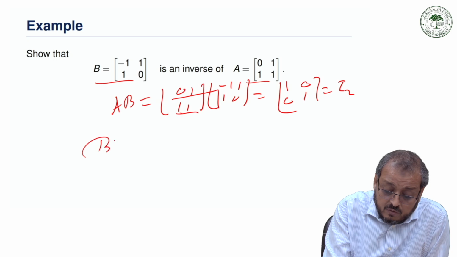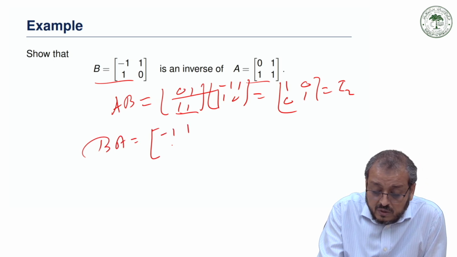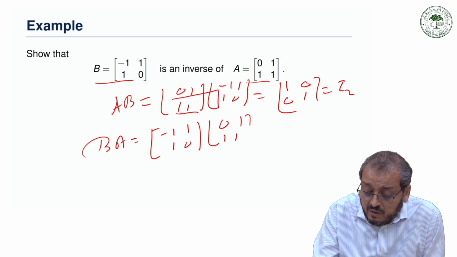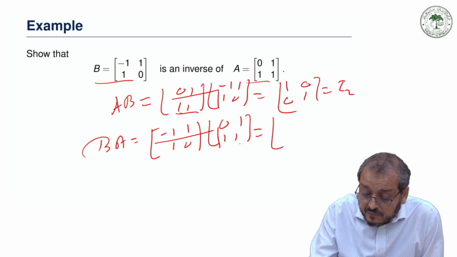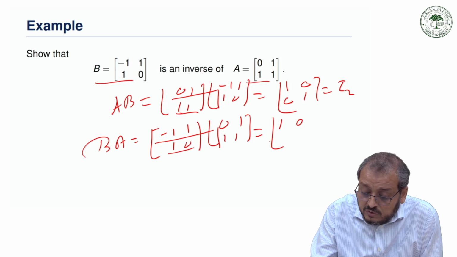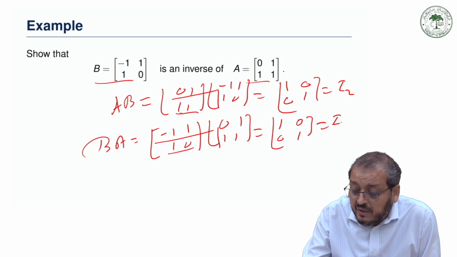Now we have to calculate BA, and BA is nothing but [-1, 1; 1, 0] times [0, 1; 1, 1]. Clearly we have 1, and then multiplied by this, minus 1 plus 1 is equal to 0, then 1 times 0 is 0, then we have 1. Again we have the identity matrix I2.